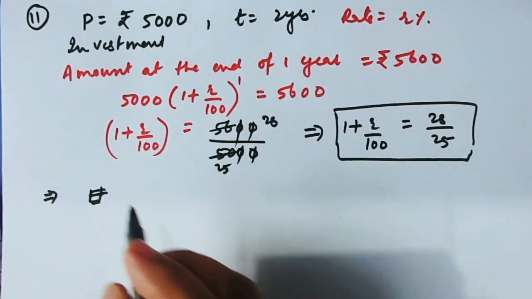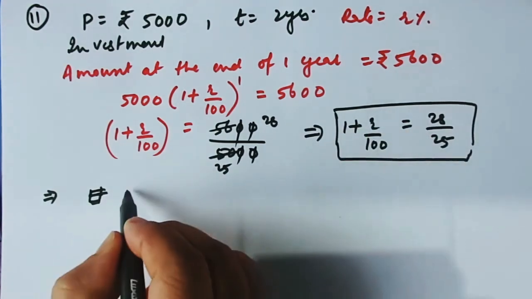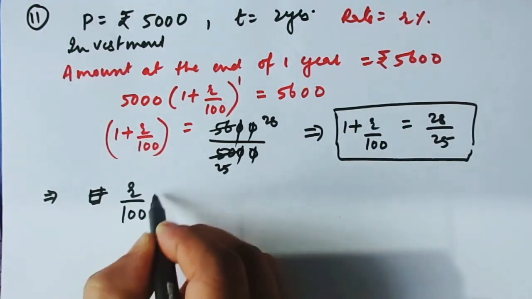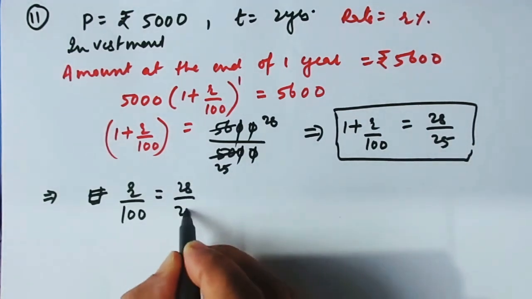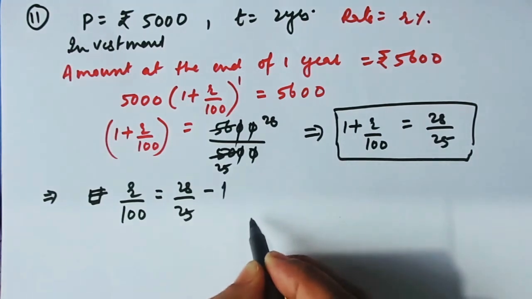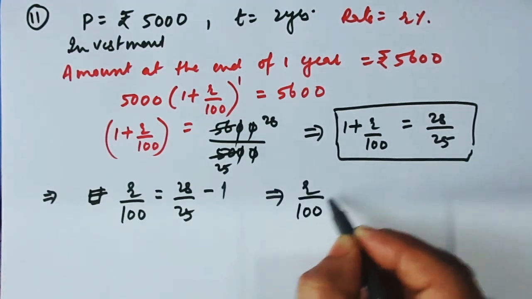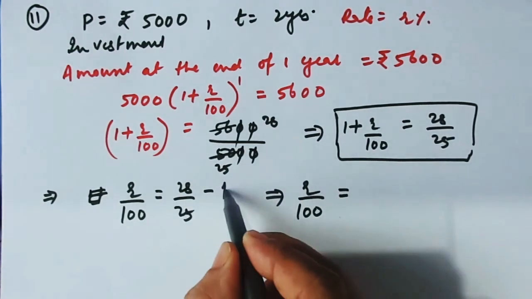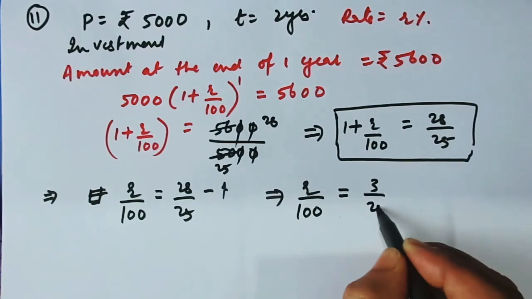So when you have to find R, you have to send 1 to the other side. R by 100 is equal to 28 by 25 minus 1. So now R by 100 will be equal to 28 minus 25, which is 3 by 25.